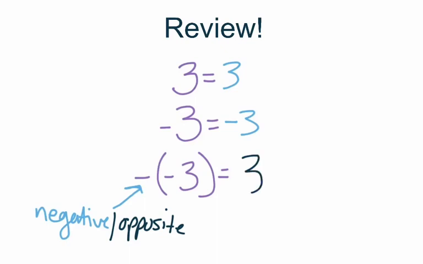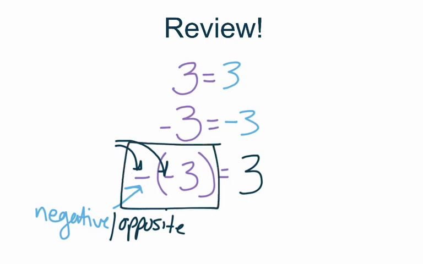It's +3. So we can say that these 2 negatives make a positive. When you see 2 negatives in a row like that, remember that whole term is going to equal +3. We're going to use that in some future problems.